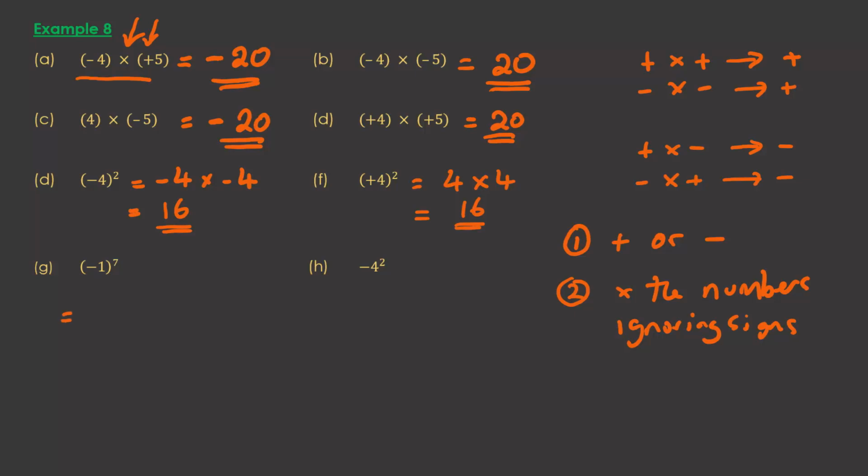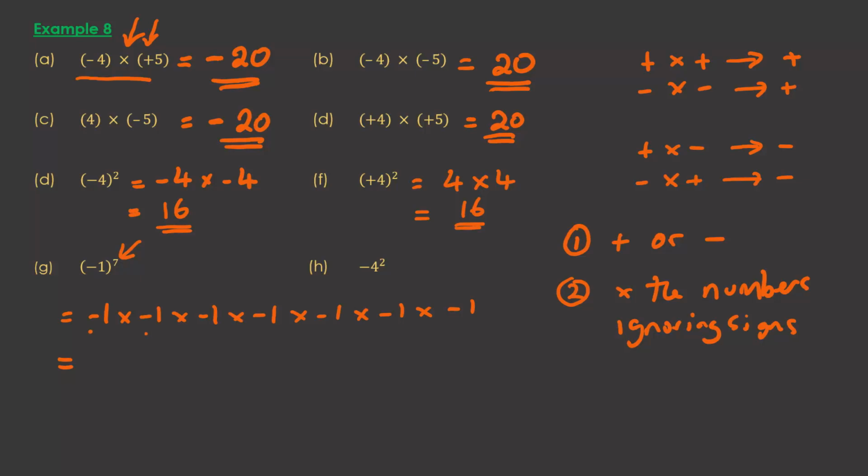-1 to the 7 is -1 times -1 times -1 times -1 times -1 times -1 times -1. Remember, we've done work on indices before, so we know that that's what this means.